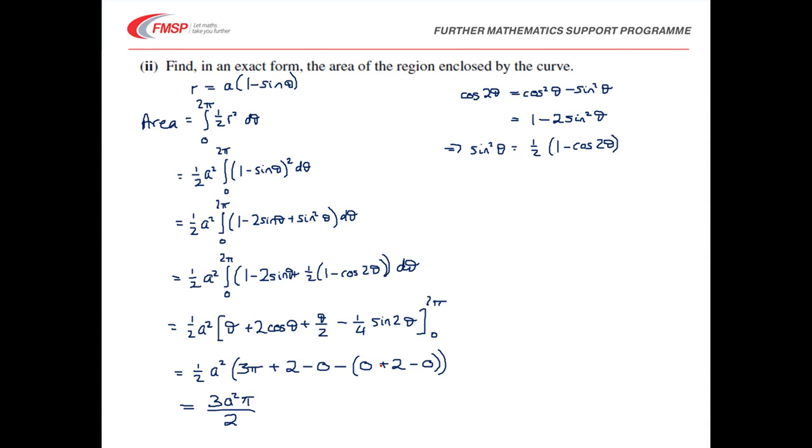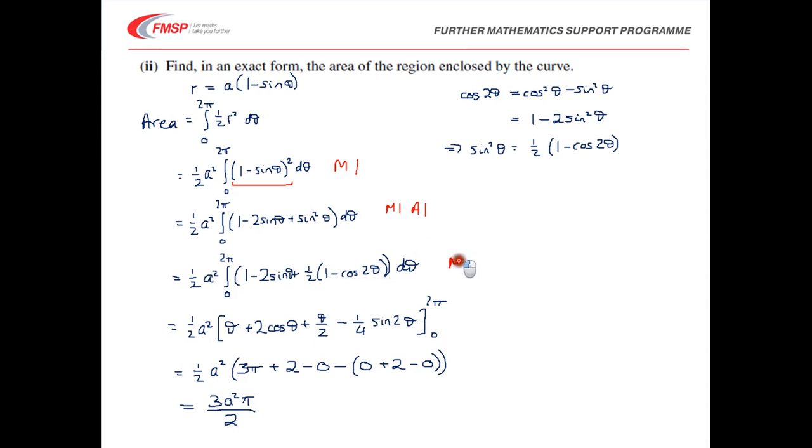For part 2, finding that area, there is a method mark for an integral involving 1 minus sine all squared. There's then a method mark for its expanding and an accuracy mark for getting that all correct, including the limits up to that point.